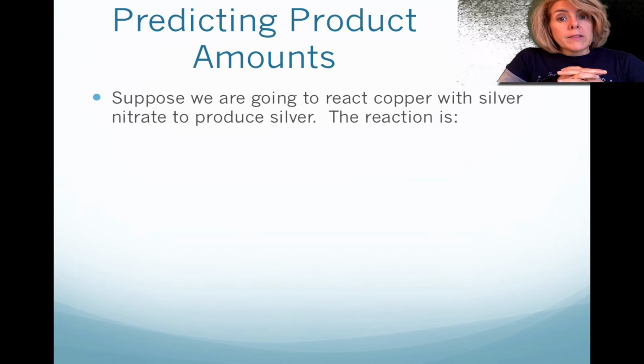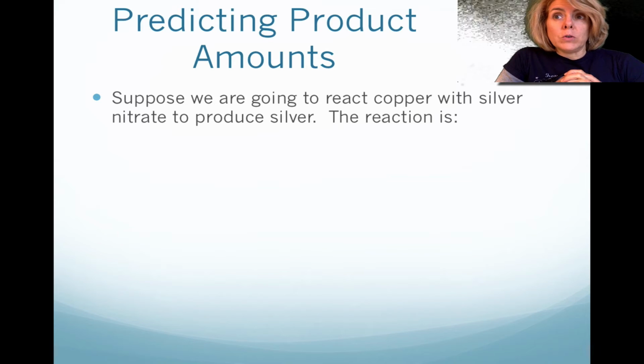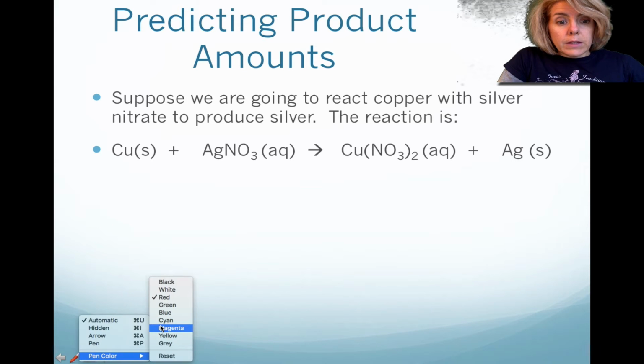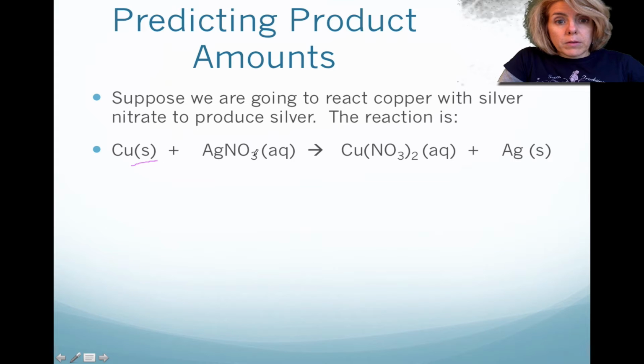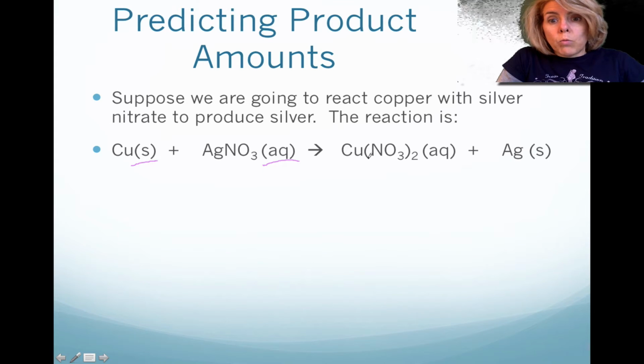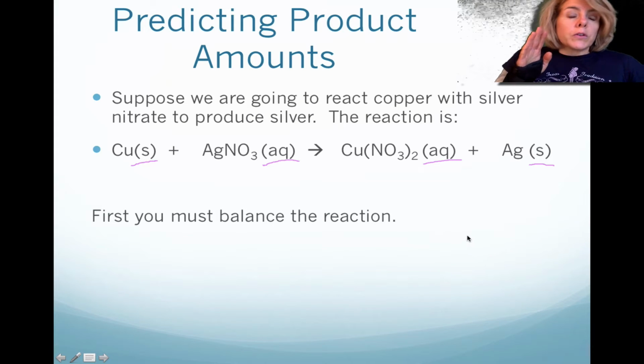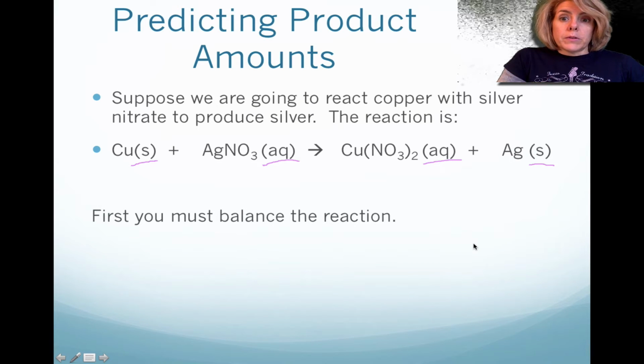For chemistry, we could say if we had copper and we wanted to use silver nitrate and we wanted to generate some silver, let's look at the following equation. Once again, notice that with these reactants and products, we have to say what exactly is the state that it's at. So here we have solid, we have water-based silver nitrate, we have aqueous copper nitrate, and then we have solid silver. We can't just go by the components of the reaction.